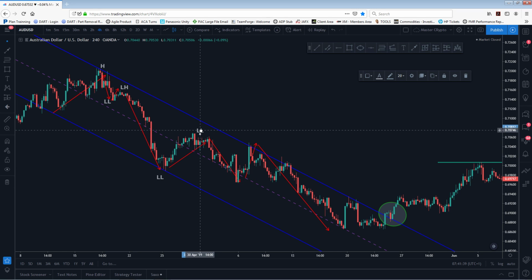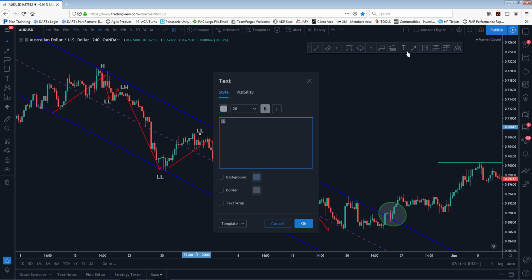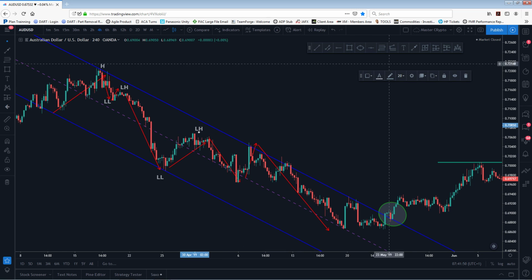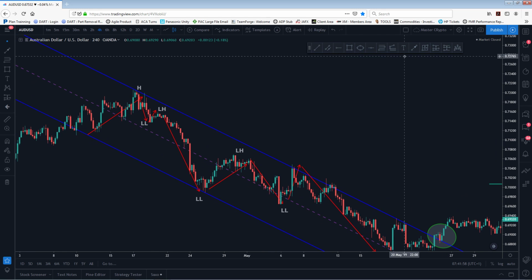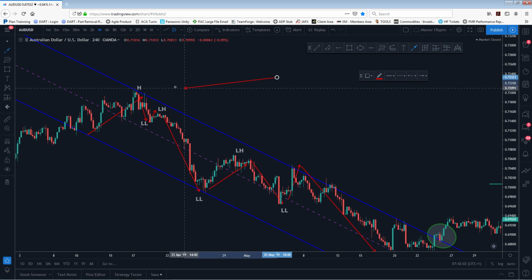I'm just copying and pasting that, or you can go back up and create a text tool, but practice all this. So this is a lower high, and a lower low. You have the tools to do all of this. I want you to practice drawing a channel.